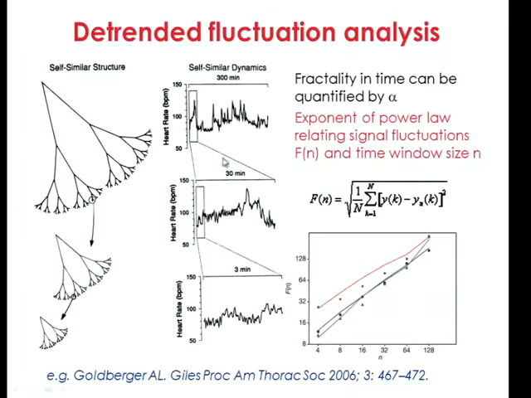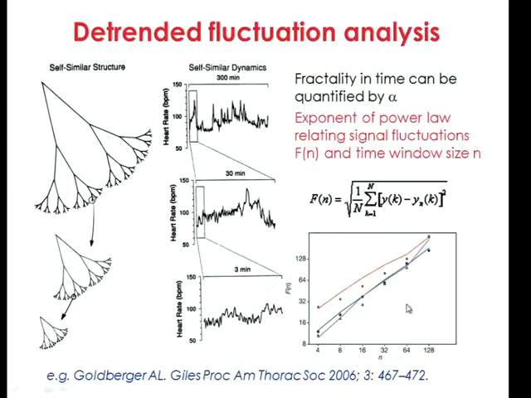And then you take a larger time window and calculate the same property, the same root mean square error, and then you do it again and again and again. Essentially you'll find that the root mean square error scales with the window size, as you would expect.